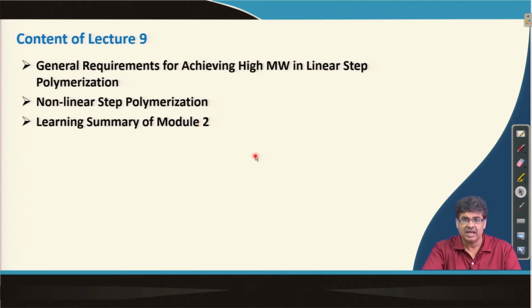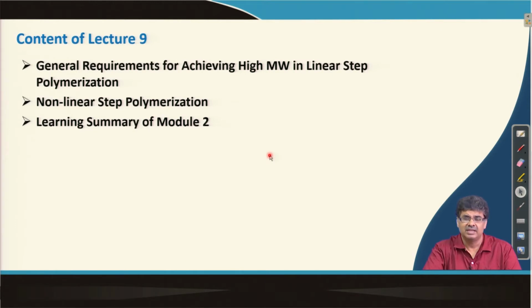Now, we have discussed different aspects of step growth polymerization, linear step growth polymerization, and understood how to control the molecular weight, what are the kinetics associated with this linear step polymerization and what are the limitations. So, basically let me summarize that our target is to achieve the target molecular weight during our synthesis.